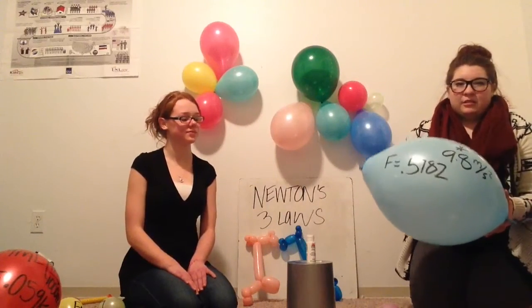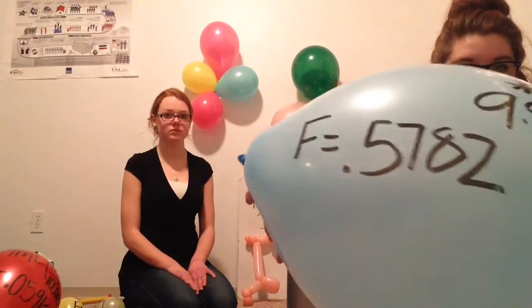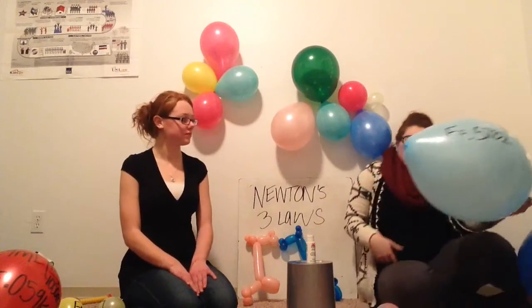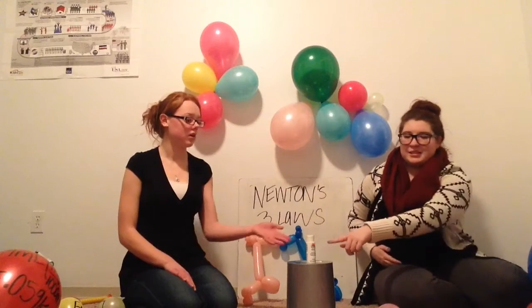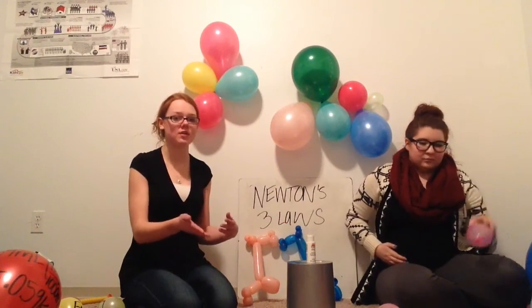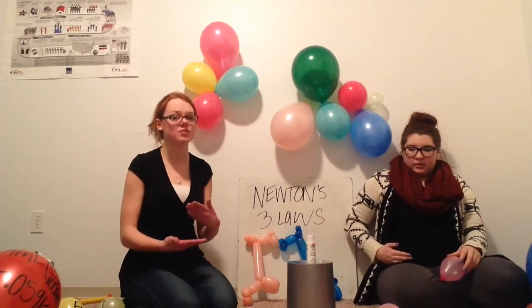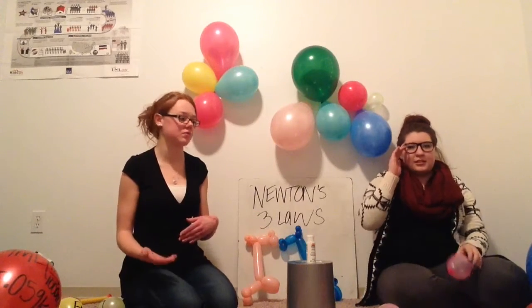We just multiply those two together, and we got the force of 0.5782 newtons. So that's what kind of force we need to exert on this bottle to make it move. We're going to need a force that's greater than that to make this actually go off of rest, because it can't be a balanced force. It's going to need to be an unbalanced force, which is going to take more.